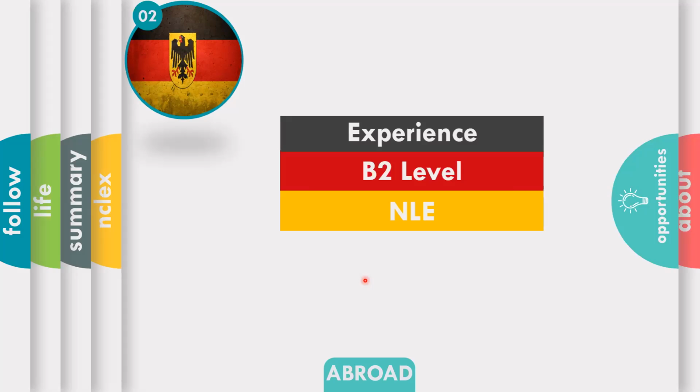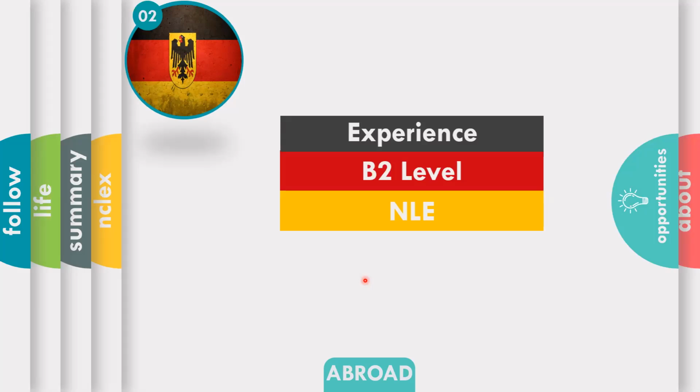What I did in the Philippines was that there was a program provided by the employer, by the POEA, for free. It's free German language training there in Baguio.